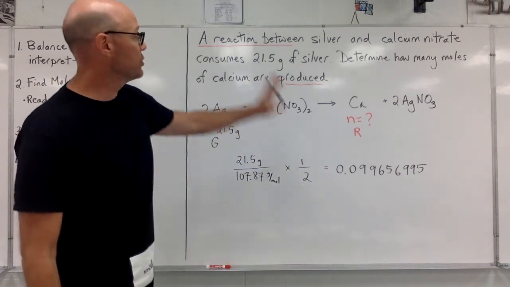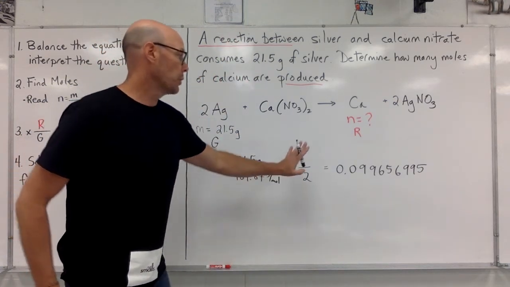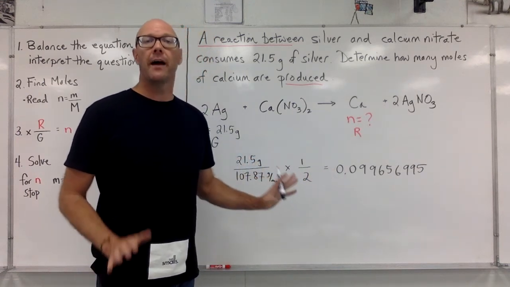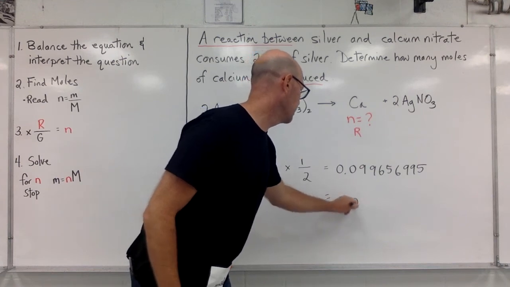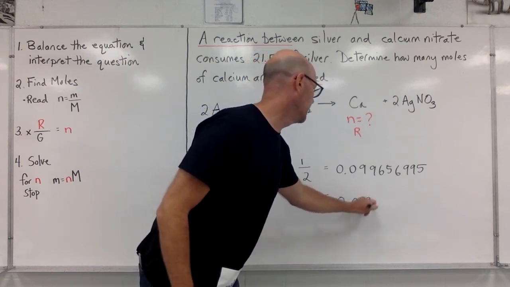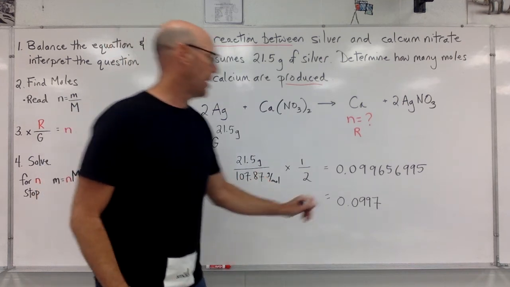We go back to the question, 21.5, that's 3 significant digits. So we want our answer to likewise have 3 significant digits, which is 0.0997. This was the moles that we found.